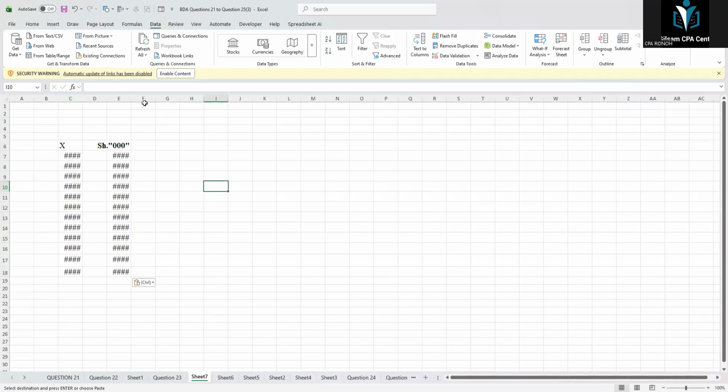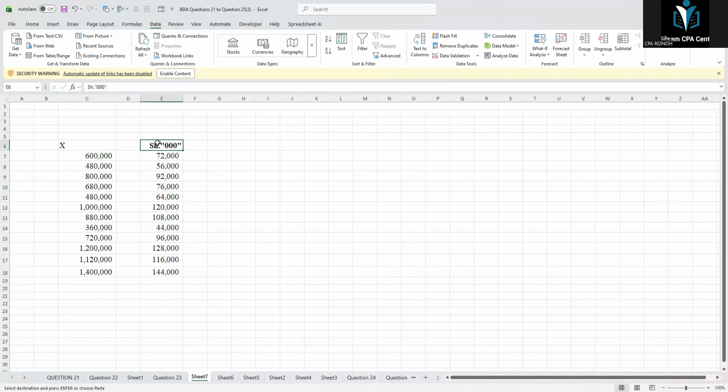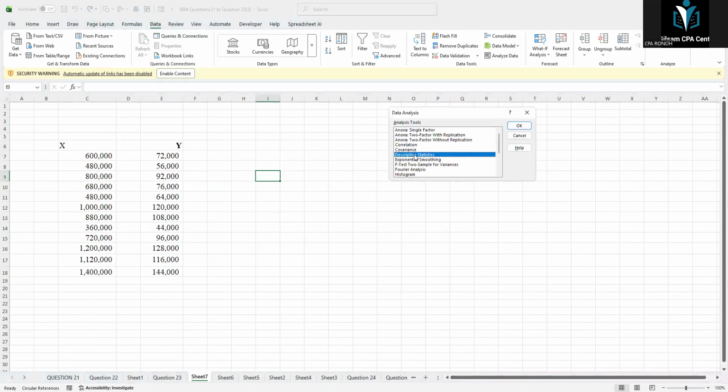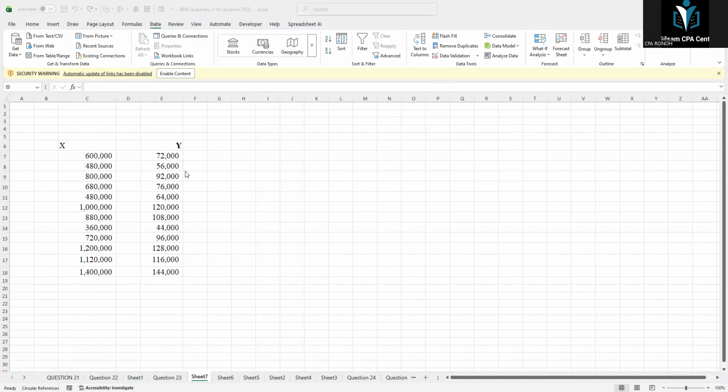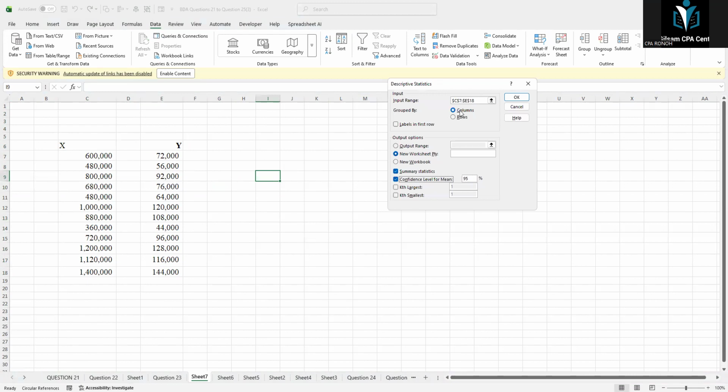These are our data, X and Y. Now, to get that, you just click data, select descriptive statistics, and then click OK. You'll get the input range.